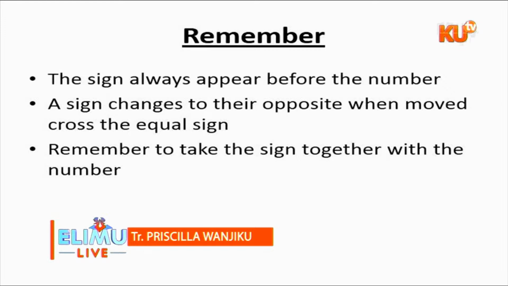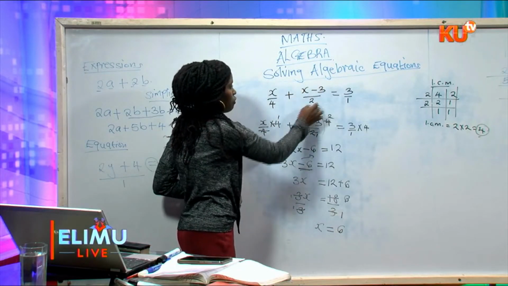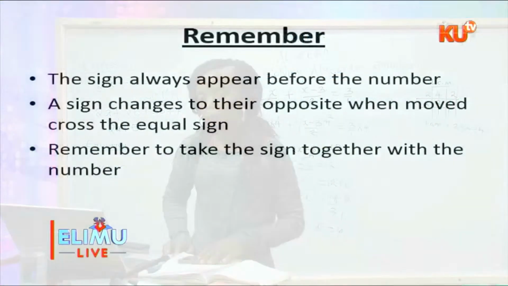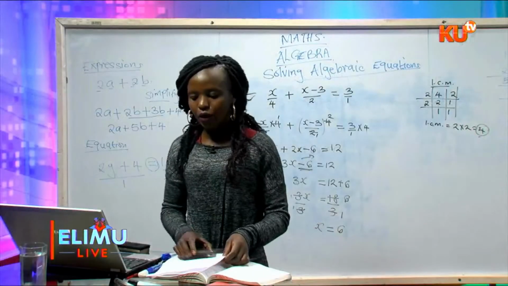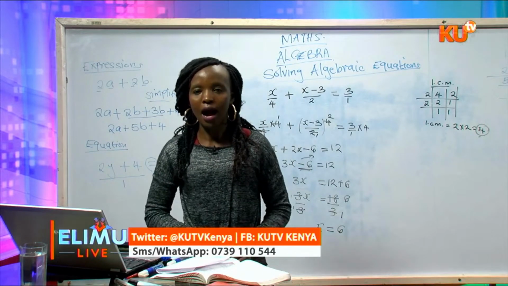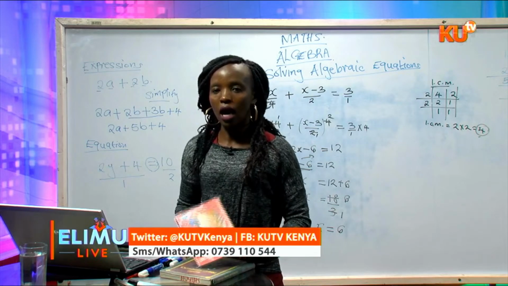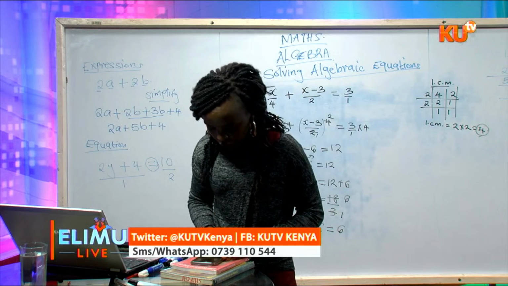For example, if it is this fraction here, this sign belongs to this fraction. And lastly, remember to take the sign together with the number when you are taking it to the other side of the equal sign. With that, you will be able to calculate and get the values of the unknown. I hope you have all enjoyed the lesson and we have understood, and you can follow up.